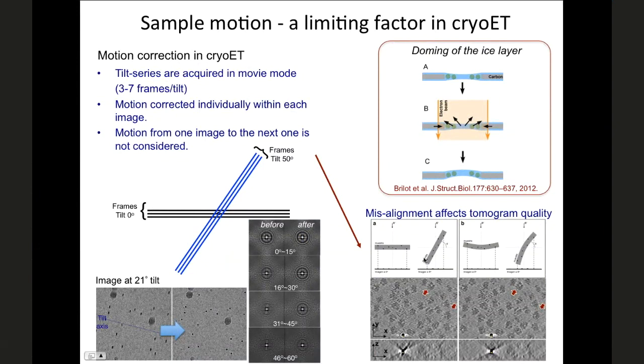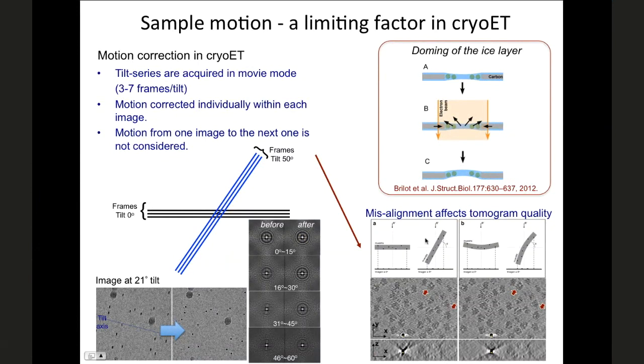The standard tomography reconstruction methods in general assume that the sample remains intact during tilt series acquisition. However, we now know that the sample is deforming progressively as the data acquisition progresses.